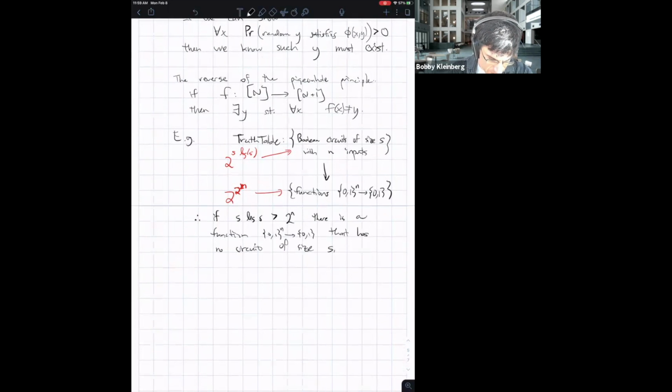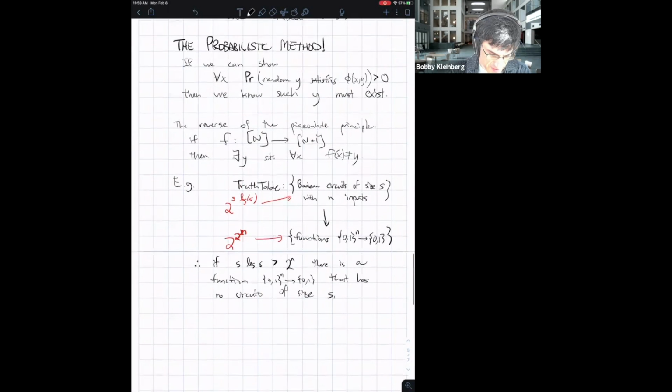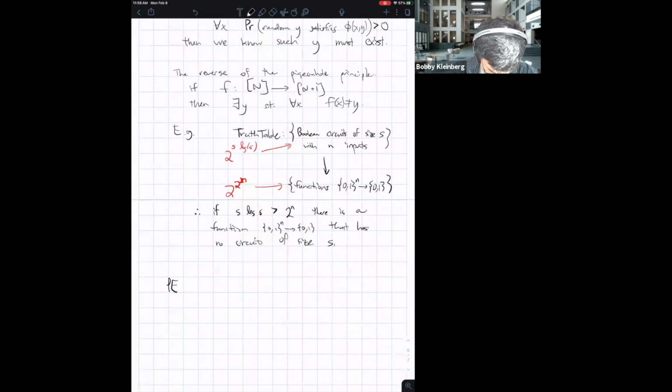Okay, so the complete problem that encodes this reverse of the pigeonhole principle, we call it PEPP, for polynomial excluded pigeonhole principle.